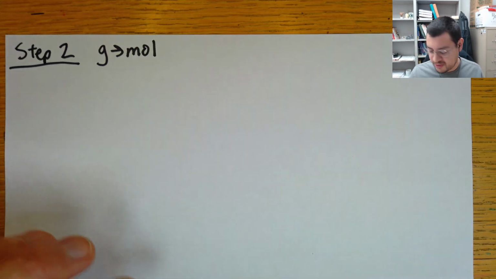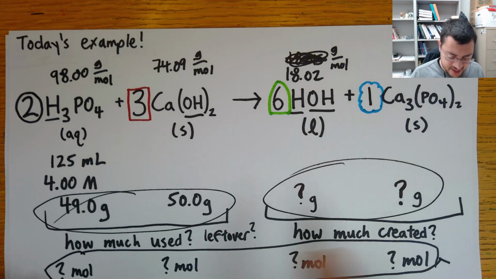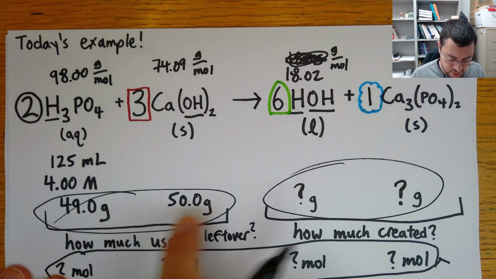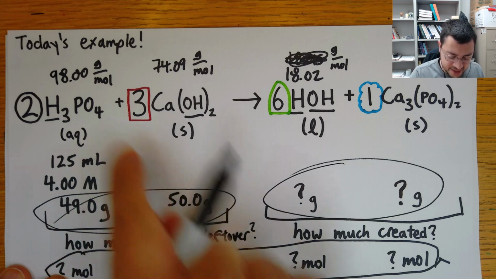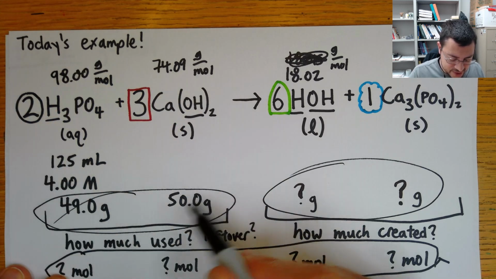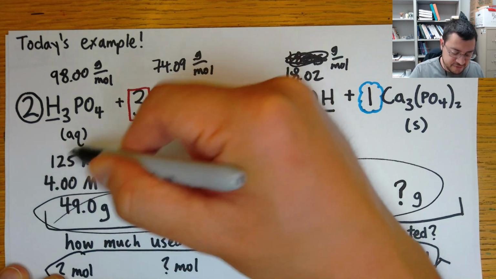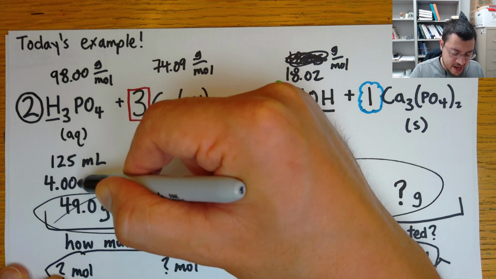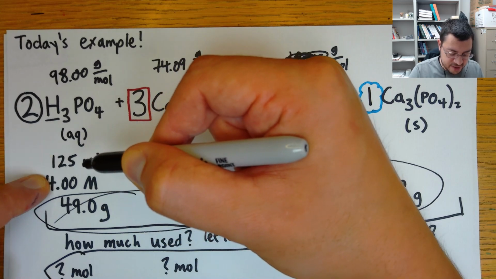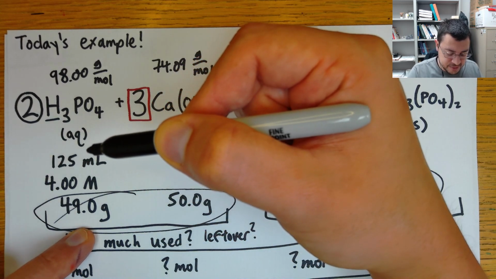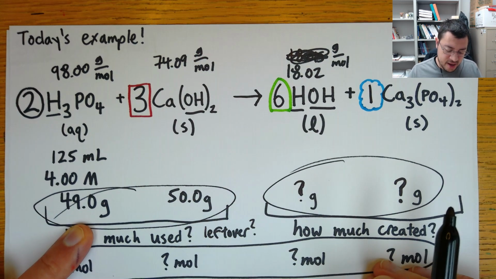To keep this video simple, I just gave starting amounts in grams for each of our reactants. You may have noticed, I didn't point this out earlier, I also gave a solution volume and concentration. I did the math already, figuring out that would have been 49.0 grams.